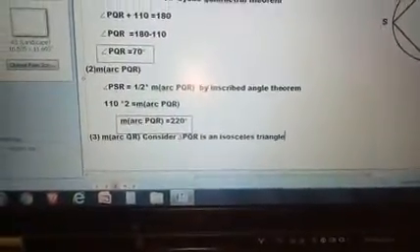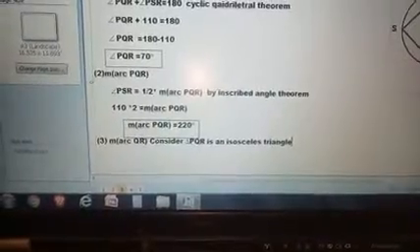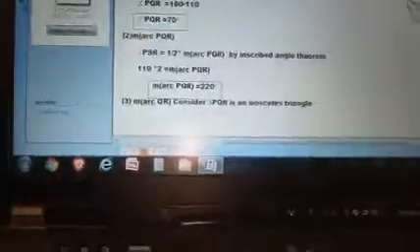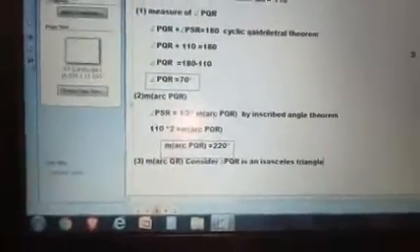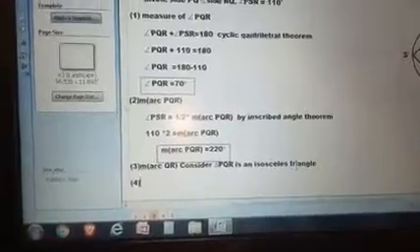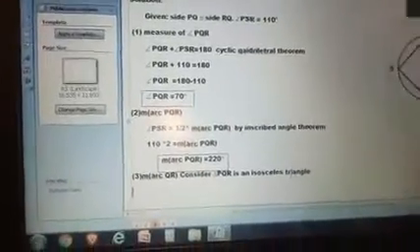Then an isosceles triangle has its opposite angles equal, and we know the sum of all interior angles of a triangle is 180 degrees.